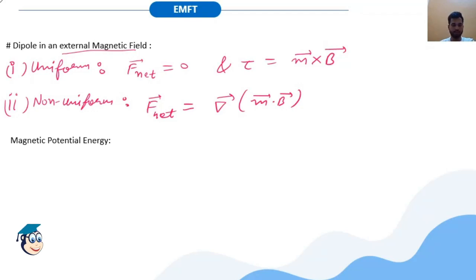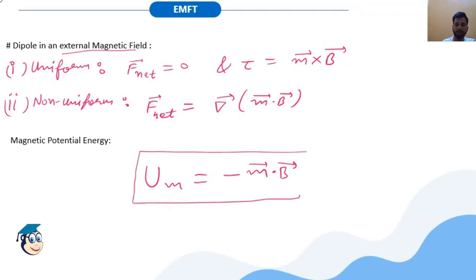After having known these quantities, we can move ahead to the magnetic potential energy of a magnetic dipole moment in the presence of some external magnetic field, and that magnetic potential energy U_m is given by negative of m dot B. If you remember, in the case of the electric dipole moment, we had electric potential energy as minus p dot E. In resemblance with that, we here have minus m dot B as magnetic potential energy.